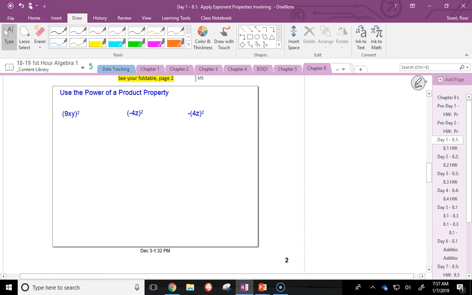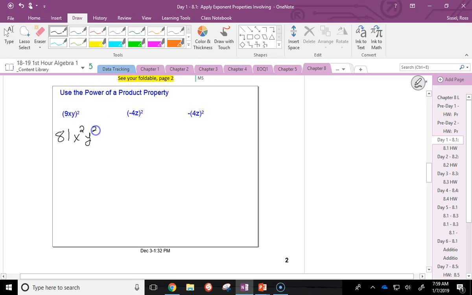You're going to continue this. Go ahead, do these 3. I'm going to pause. I'm going to walk around and see how you guys are doing. See if you can solve these. Okay, so what do we get? 9xy all to the second power. Rahab, how'd you do this one? What'd you get? I got 81, and then x to the second power, and then y.